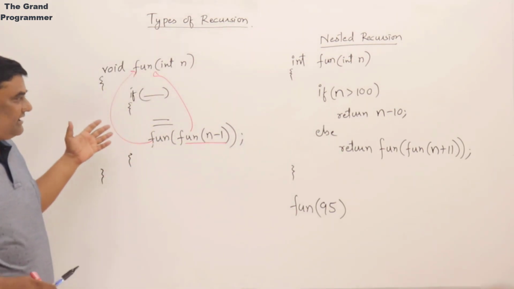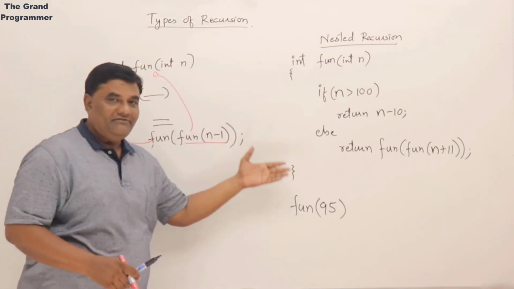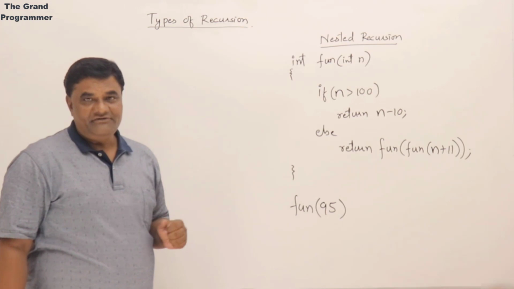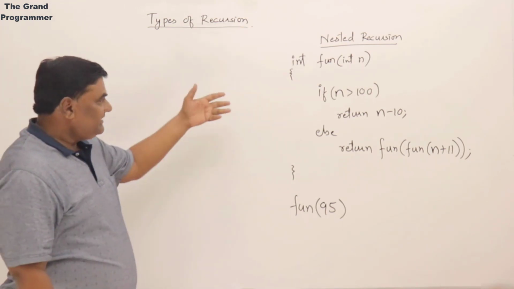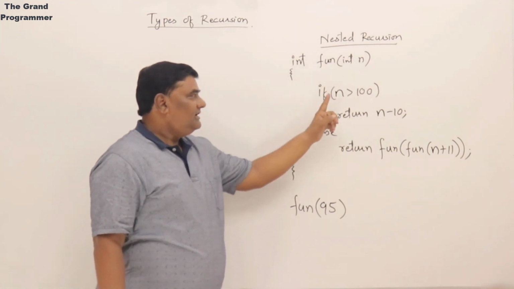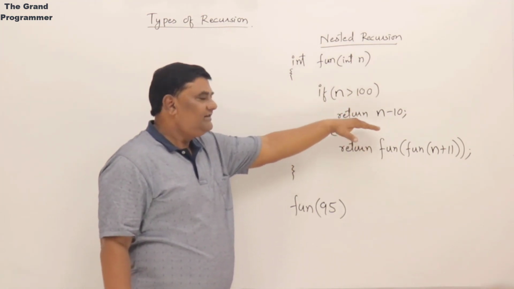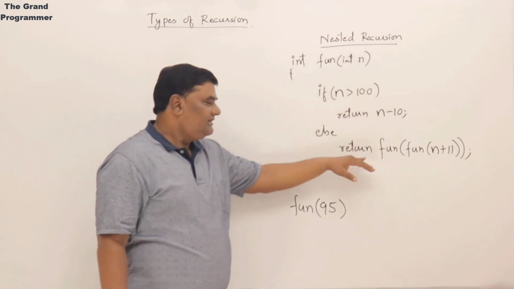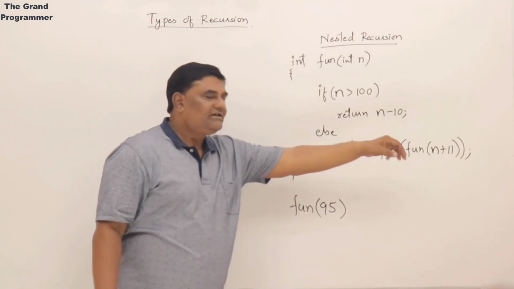As an example, I have one function here. I will trace that function and show you. Here is a nested recursive function example. Let me read it out first. A function which takes parameter n, and if n is greater than 100, then it directly returns some value. If not, then it makes a nested recursive call.